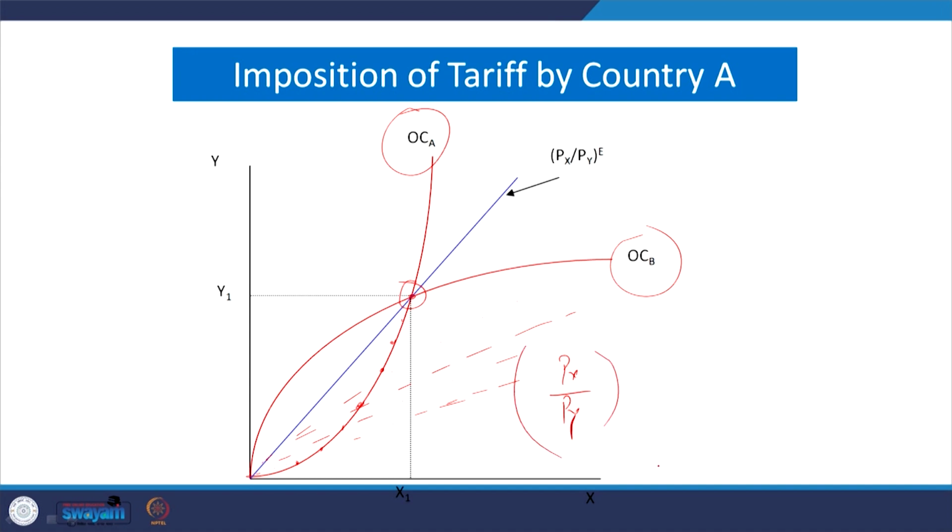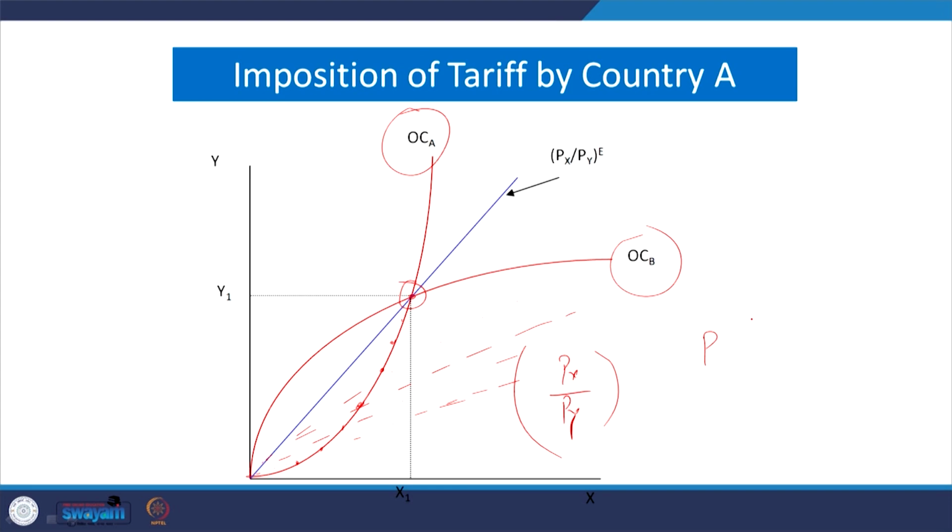Now, what I am trying to emphasize is that certain reasons cause this, and they are as follows. Suppose a tariff is imposed by country A. A tariff is usually imposed on imports, which we have discussed a number of times.